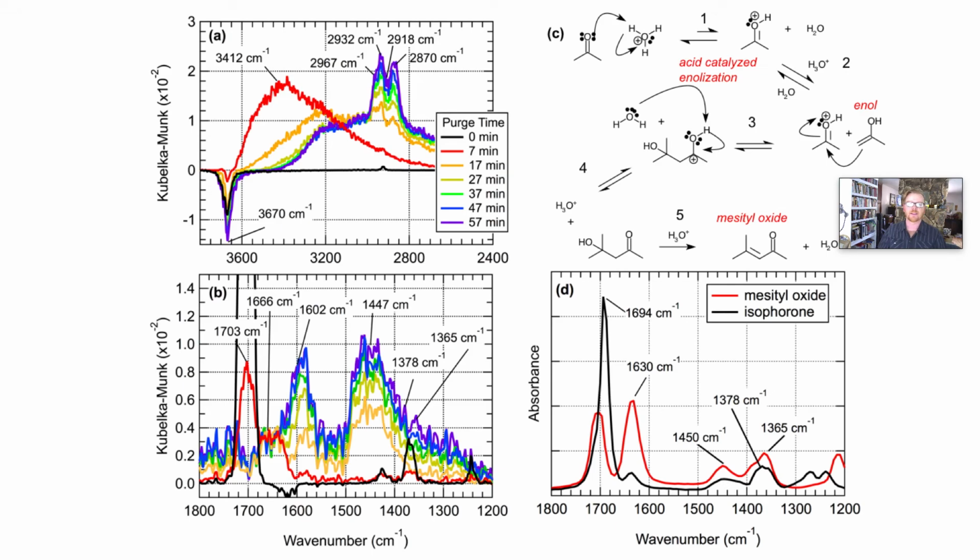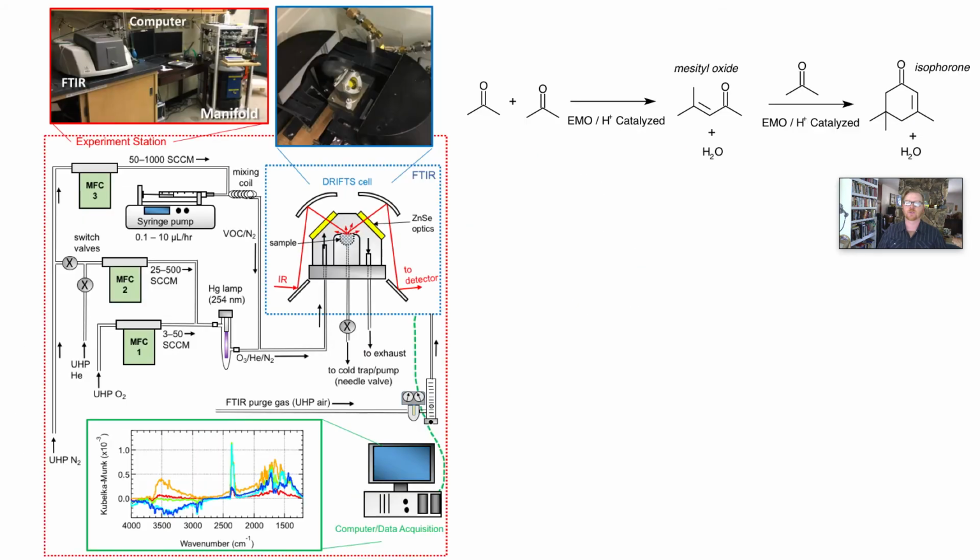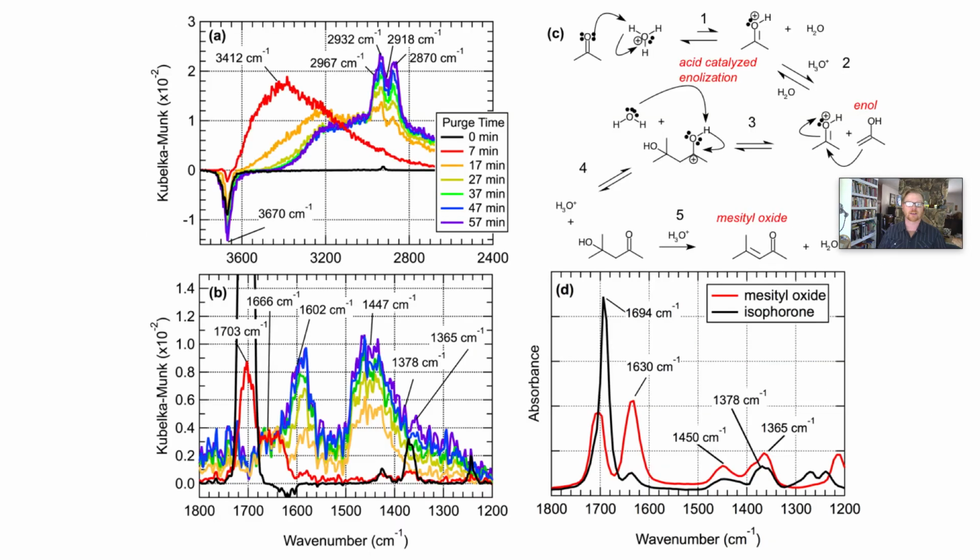And then the last thing we did, we actually see evidence here of a chemical reaction. So on some experiments, when we really cranked up the acetone concentration, we're going to have lots of acetones in proximity with each other. So that's where this aldol condensation comes in, when those two molecules are in close proximity.